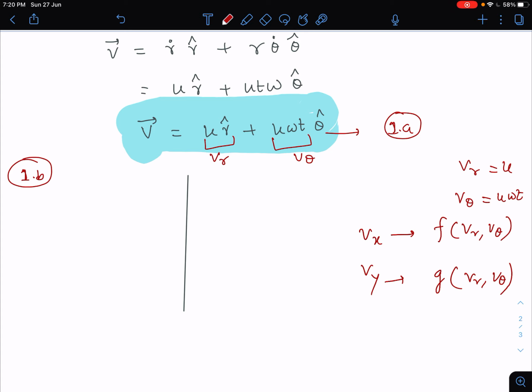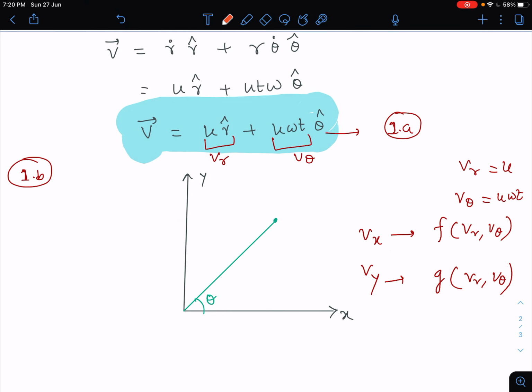So how? Let's draw our axes, this is our x-axis and this is the y-axis. Let's say the bead at an instant of time is here and it makes an angle theta.